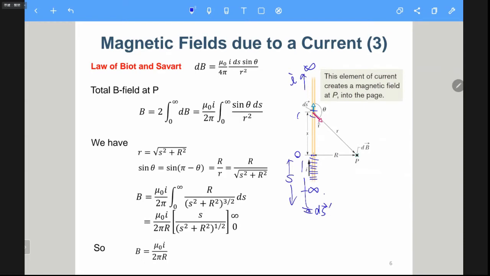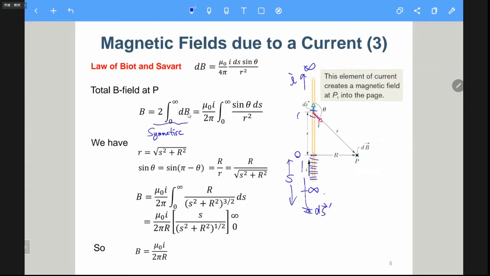So this part will generate a B field, which is also pointing into this point. Yeah, so actually the magnetic field will also be pointing into the page, and the value will be the same. So we can only consider the integral from 0 to infinity, but multiplied by 2. Because this is symmetric to the original point, we can do some simple simplification here.